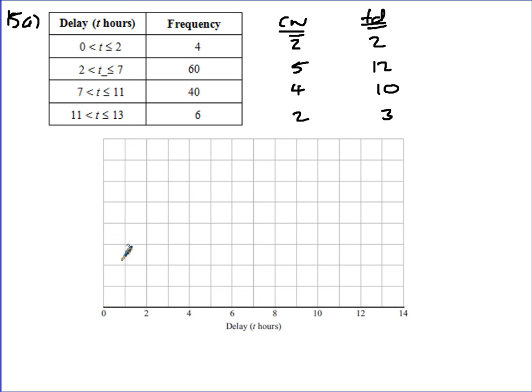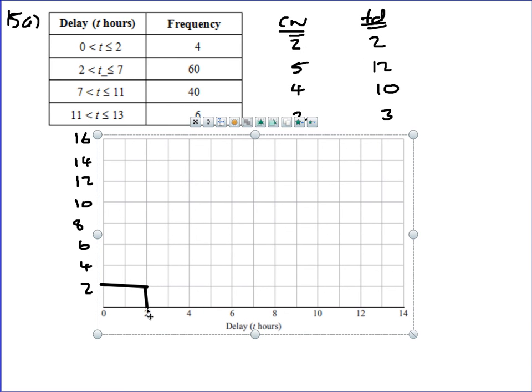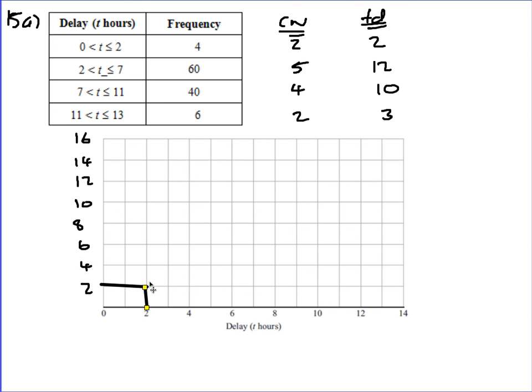So we're going to get 12 on the frequency density going upwards, so if we go up in 2s, that should work out quite nicely. And then we're drawing our boxes on here, so it's from 0 to 2 first of all, so 0 to 2 is 2. Sorry for the poor graph in terms of my straight lines. And the second one goes up to 12.